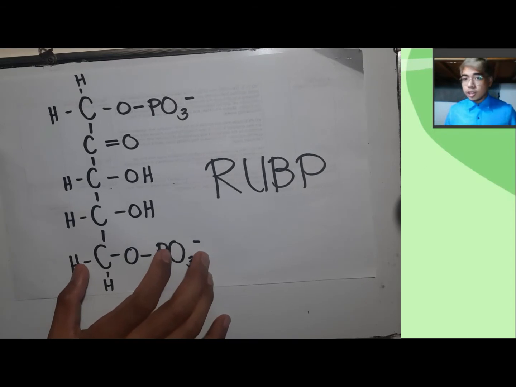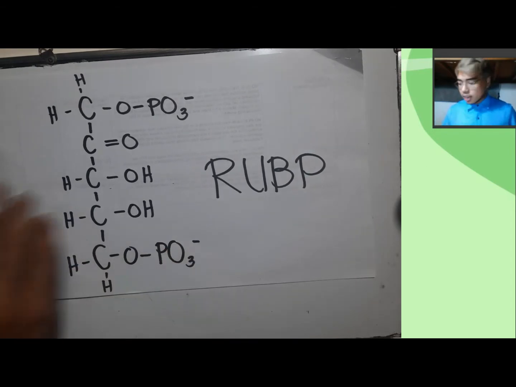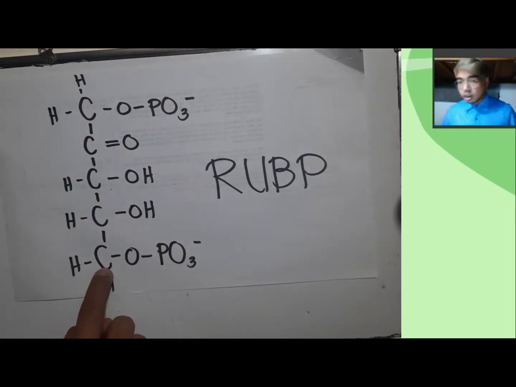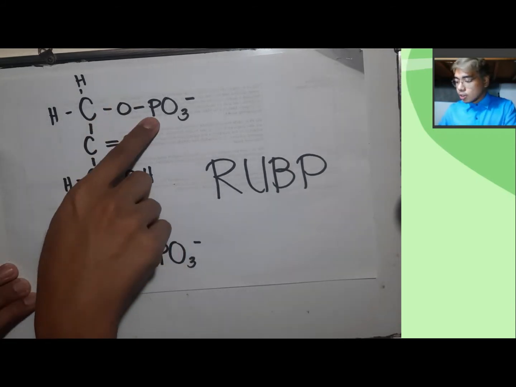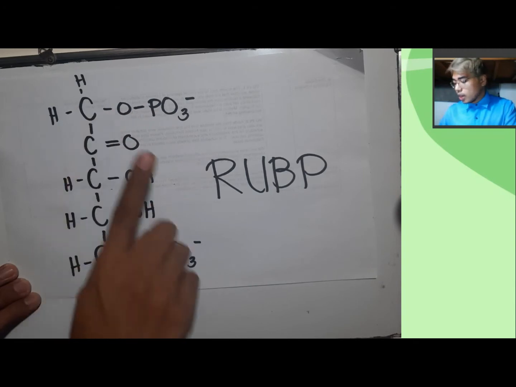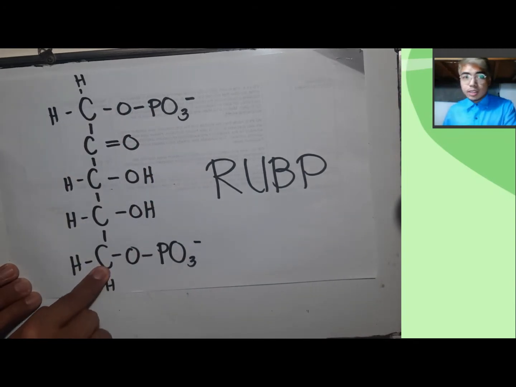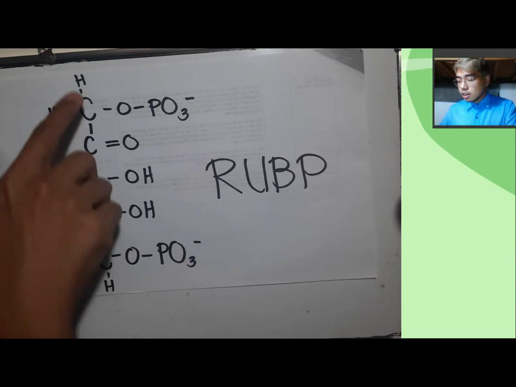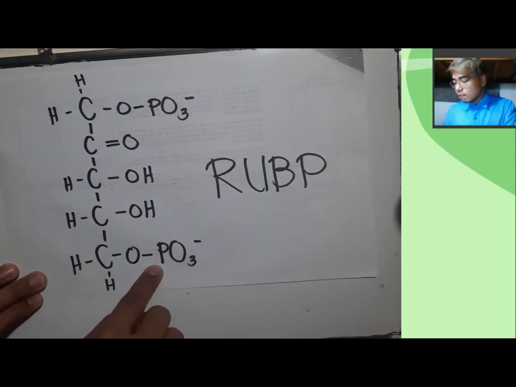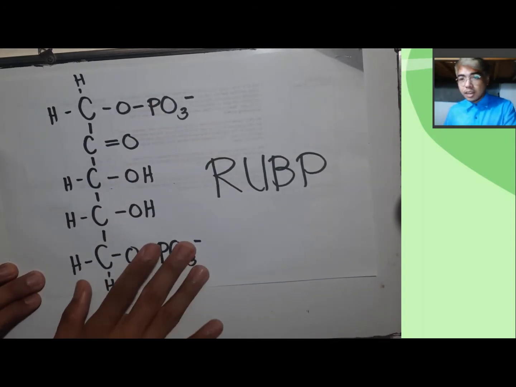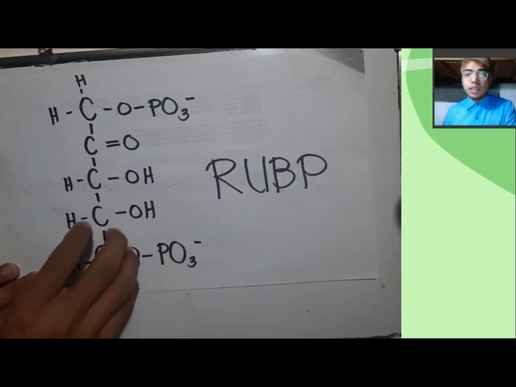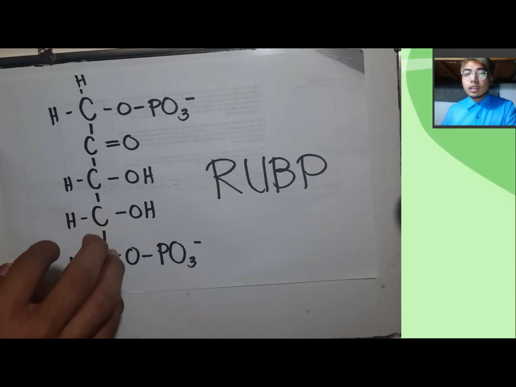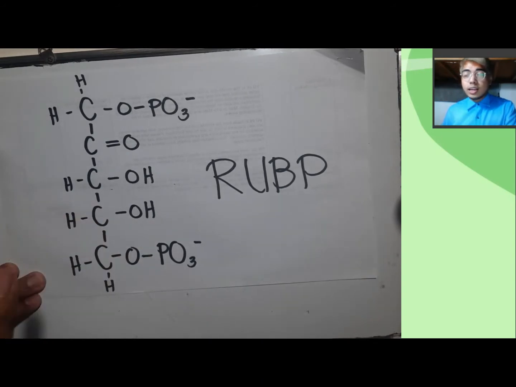As you can observe from the name itself, it is a 5-carbon sugar, and 1,5-bisphosphate because it possesses a phosphate on carbon number 1 and carbon number 5. That is the reason why it is named ribulose 1,5-bisphosphate. In the case of ribulose 1,5-bisphosphate, this is the location in which the carbon dioxide will enter and attach itself.